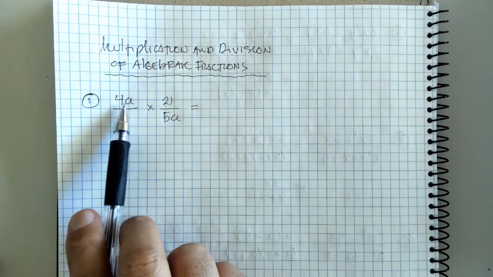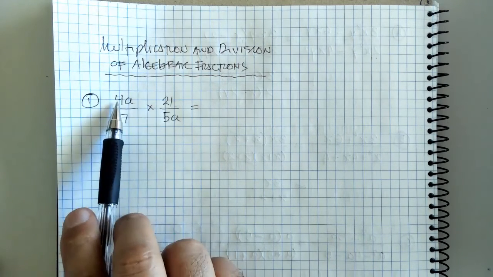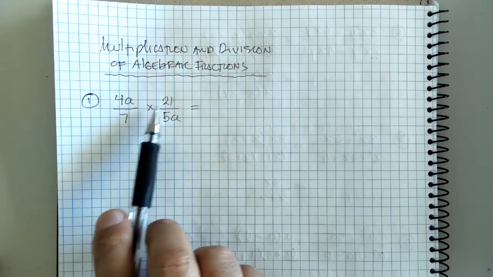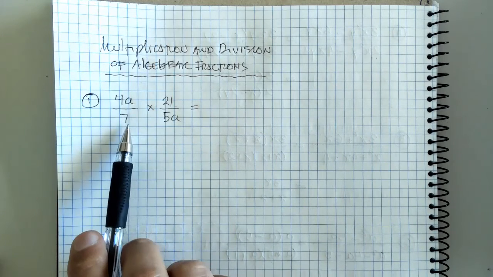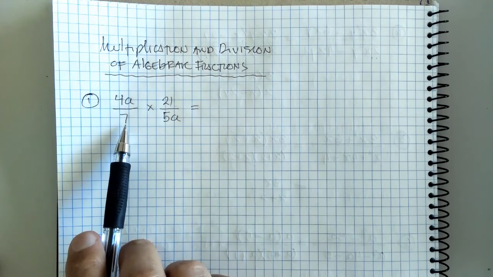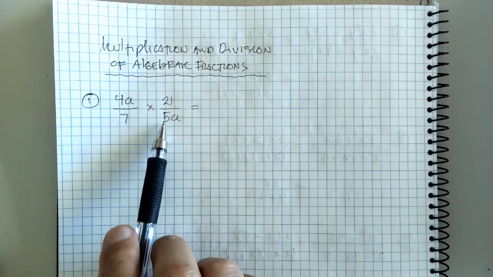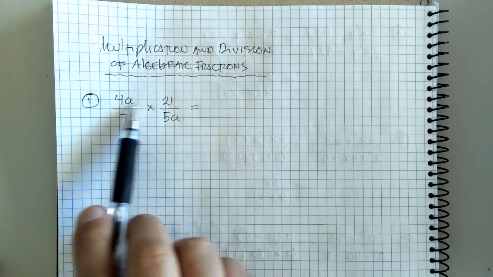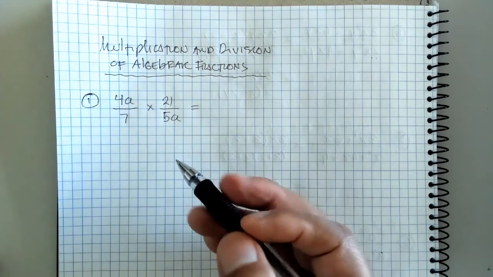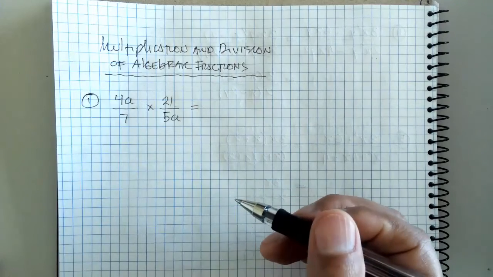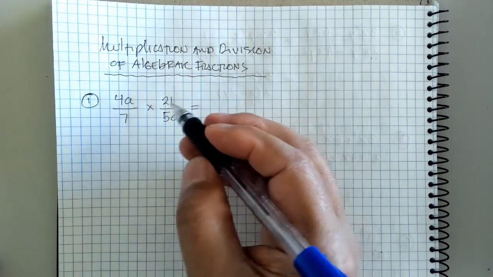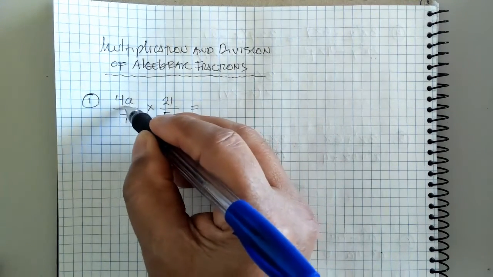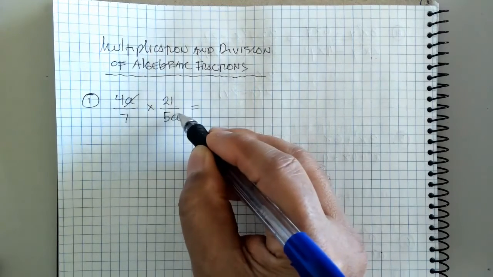So we've got 4a and 21, so we have 1, 2, and 3 factors on top. And at the bottom, same thing: we have 7, then we have 5, and we have a. They're all factors, and because they are factors, we can simplify them. So we can take this a together with this one.